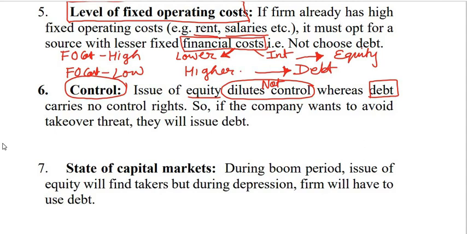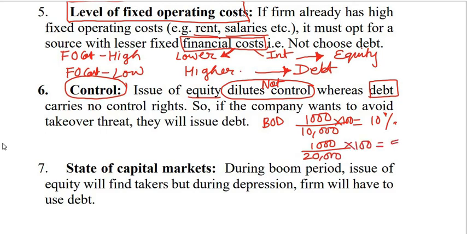Now I want to give you an example here. Suppose you are a board of director of the company and you have 1000 shares out of a total of 10,000 shares. So here your control is, do you agree, 10%? If the company issues 10,000 more shares and you are not buying new shares, the denominator will become 20,000.